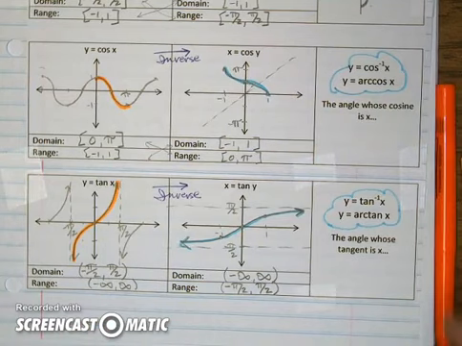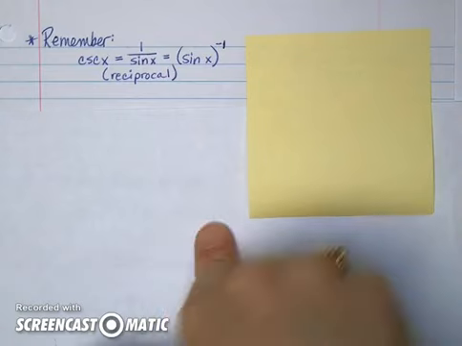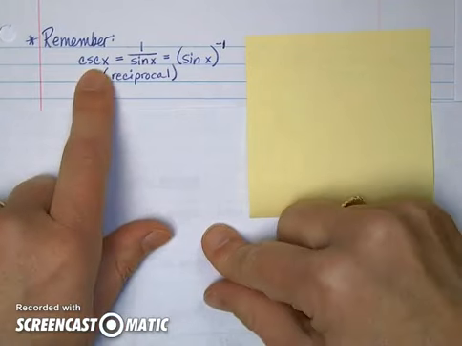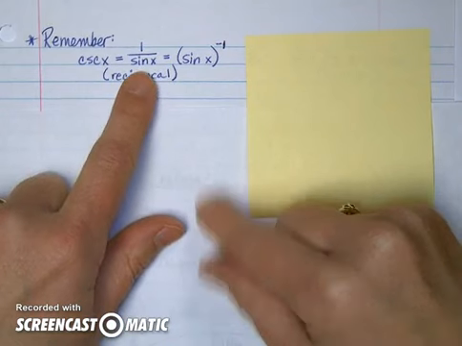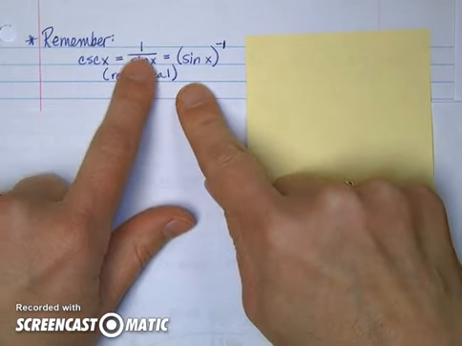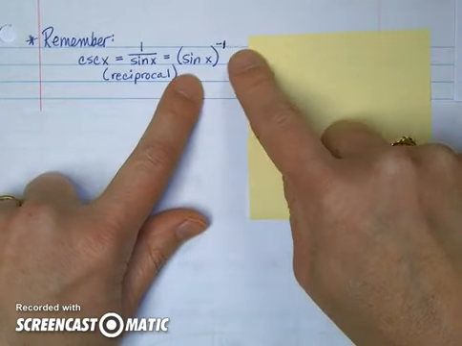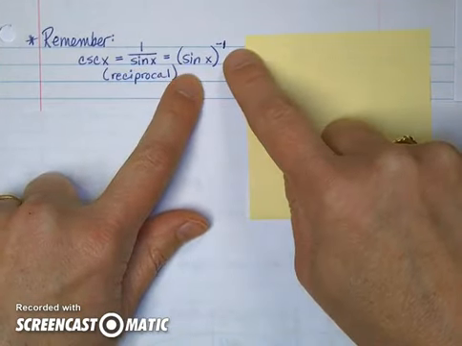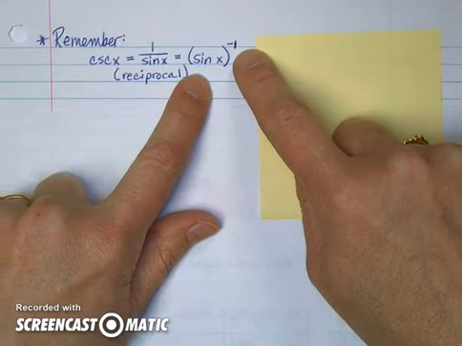All right. I'd like you to remember an important differentiation. For example, I picked cosecant. Cosecant is equal to 1 over sine x. And we can rewrite that. Remember, if you have a value in the denominator, you can put the whole value to negative 1. That's different than what we've been doing with the inverse. This just means reciprocal.